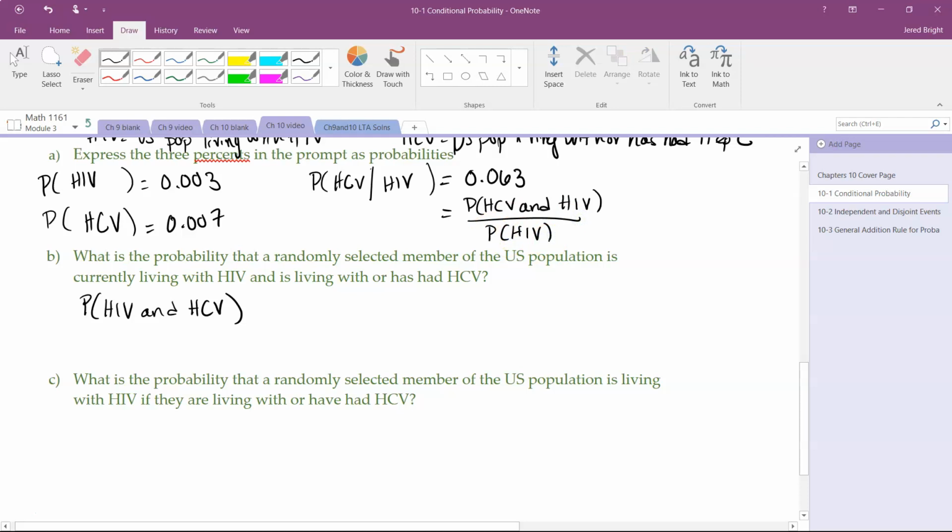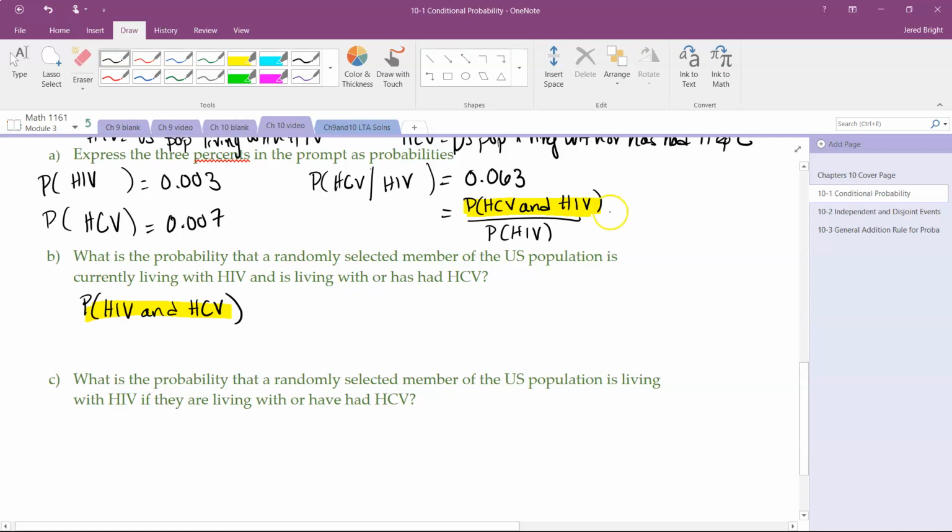Okay, and now what's really neat about this is I need HIV and HCV, right? So that actually pops up right here. So I can use this number, and I know the probability of HIV. Okay, so I just maybe need to manipulate this a little bit more.